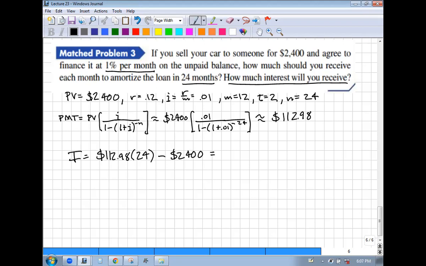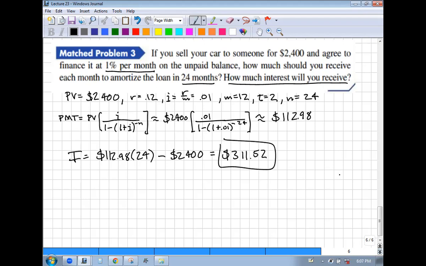All right, I'm getting $311.52. Yeah. All right. Boom. Making progress here.